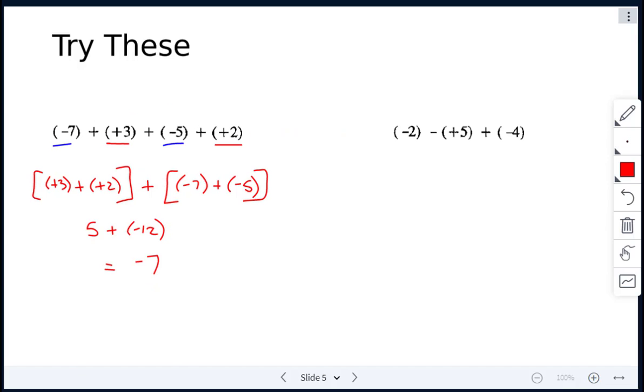All right, so for this first question, I collected my positive integers, which are positive 3 and positive 2, and then I collected my negative integers, which were negative 7 and negative 5. Positive 3 and positive 2 gives me positive 5. Negative 7 plus negative 5 gives me negative 12. So 5 plus negative 12 gives me negative 7.